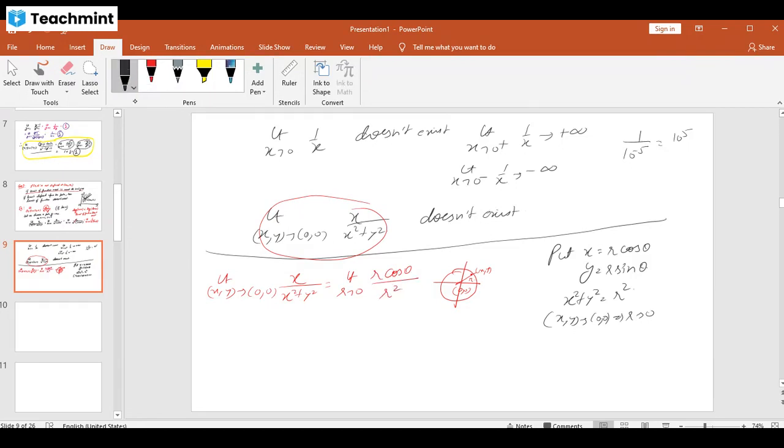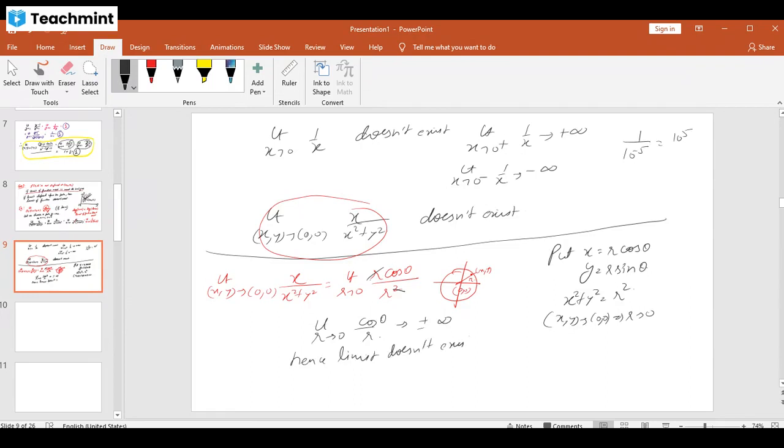Now you can see here one power of r gets cancelled out. Here we have cos theta. So cos theta can be positive, cos theta can be negative. So what do we have? We have the limit as r tends to 0 of cos theta upon r, which tends to either plus infinity or minus infinity. Hence the limit does not exist.